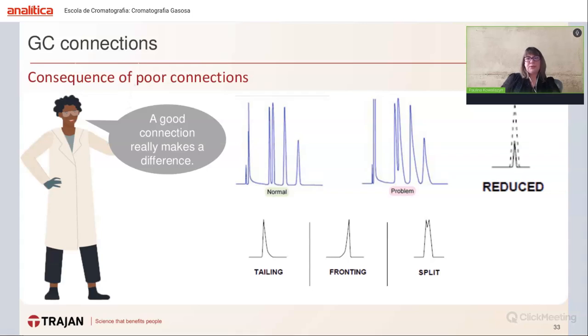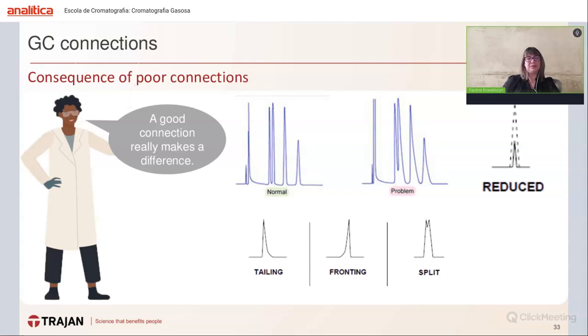So talking about the connections and how important they are, so we don't have any leaks. Here are examples of what problems we can encounter when our connections are not great, so are poor. So the normal chromatogram on the left top is looking nice.